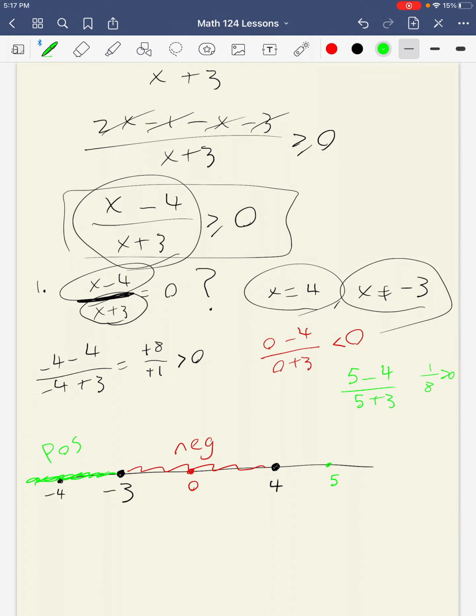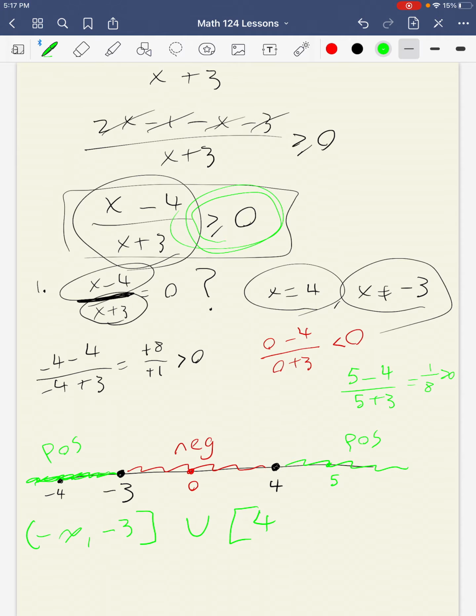So 1 over 8, positive. These will give us positive outputs. Okay, so we were looking for greater than or equal to 0. So the solution will be negative infinity to negative 3, or 4 to infinity.